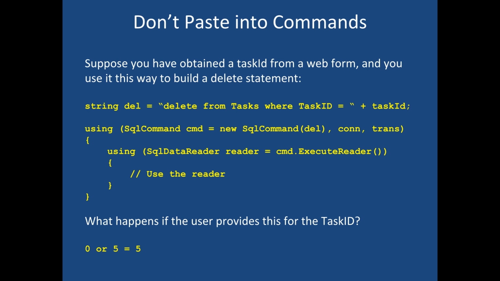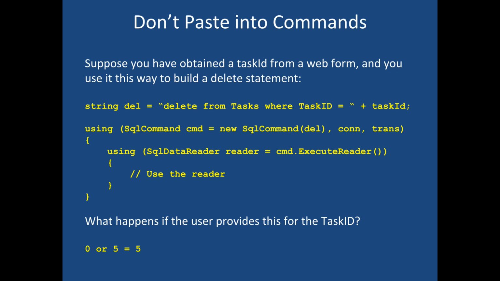Okay, now let me ask you this question. What happens if instead of entering 5 in the form, so your user typed 5 into a form and hit submit, and we deleted task 5, what if they put that into the form? Does it delete everything? Okay, it does, because it's a true statement, right?